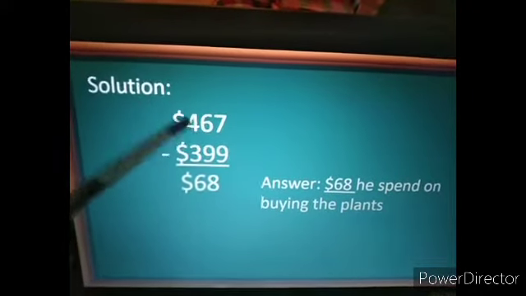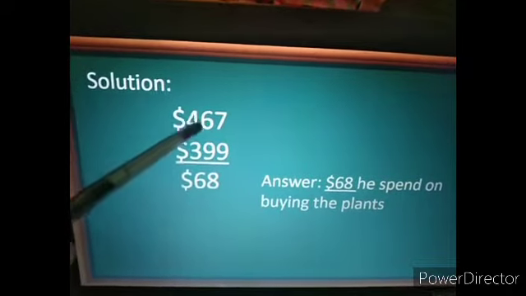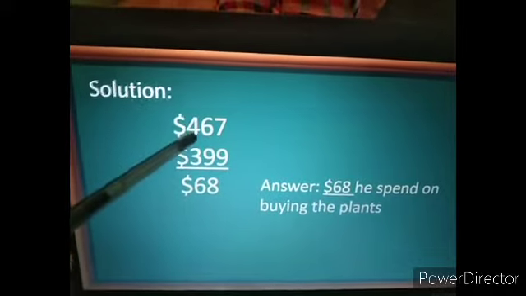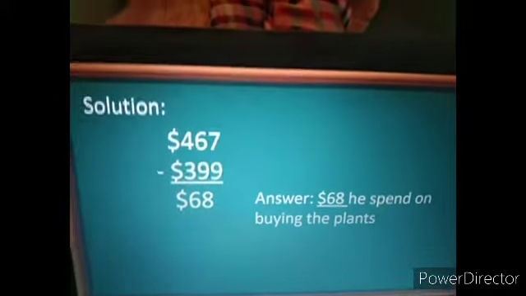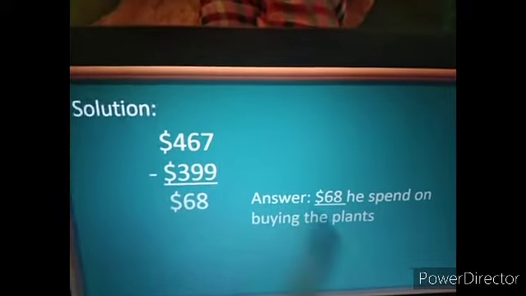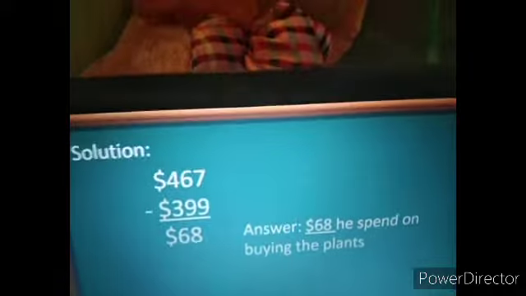So it is appropriate if we minus it, because the number 4 is not number 4 anymore, it is number 3. Okay, so we have an answer here, $68 he spent on buying plants.